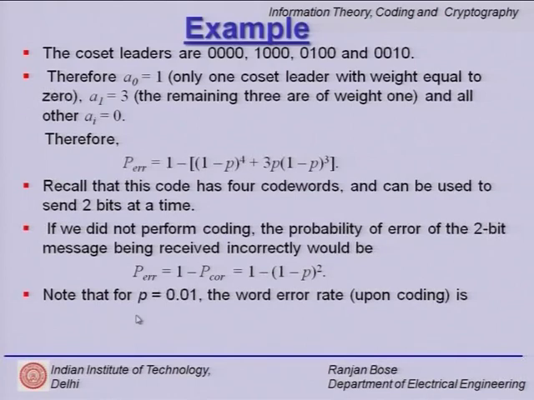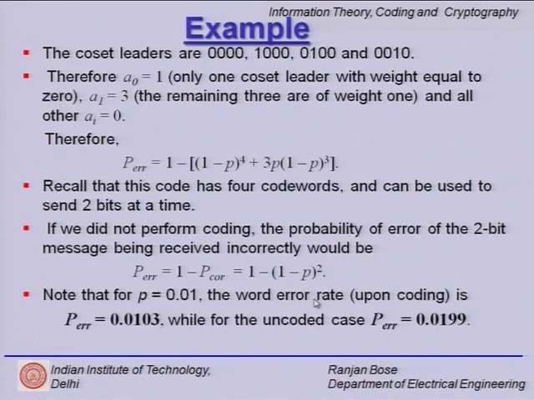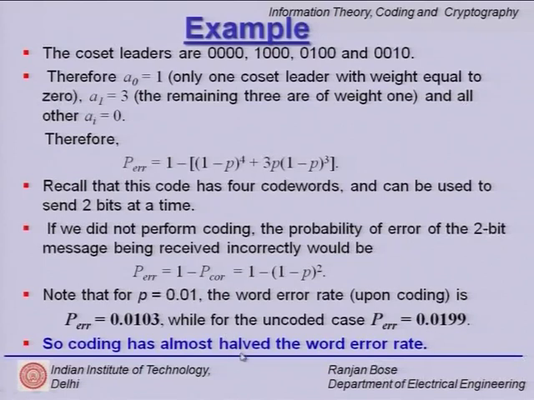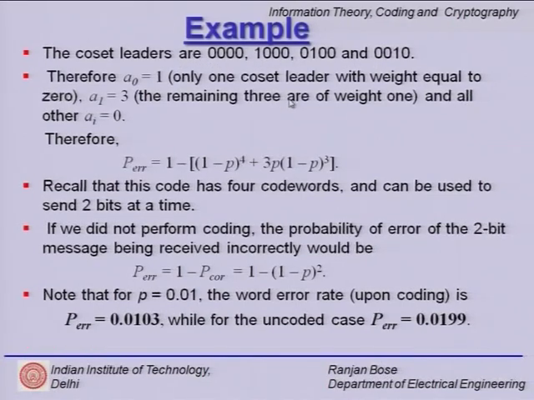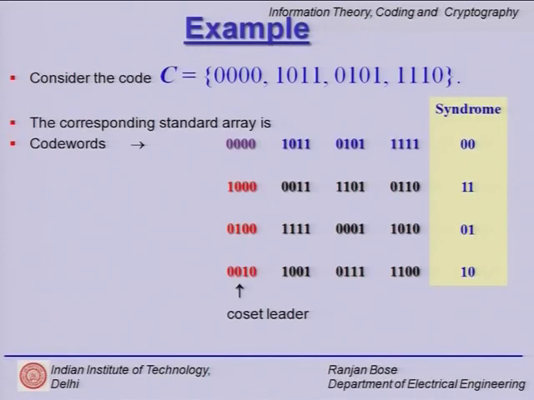So, if you have small p, which is flipping of a bit, as 0.01, the word error rate upon coding is given by 0.0103, just plug in the value, while for the uncoded case it is 0.0199. So, if you see, we have almost halved the word error rate by this very simple example of the code that we discussed in the previous example.